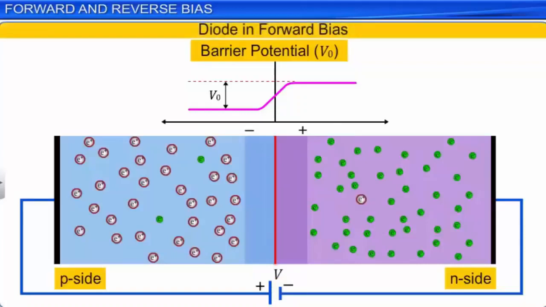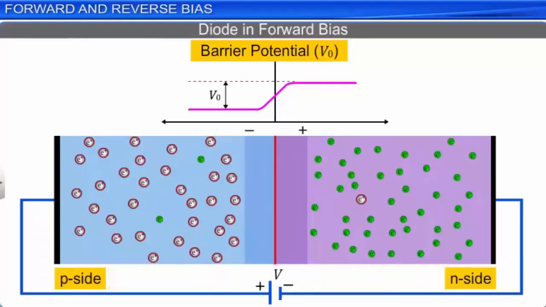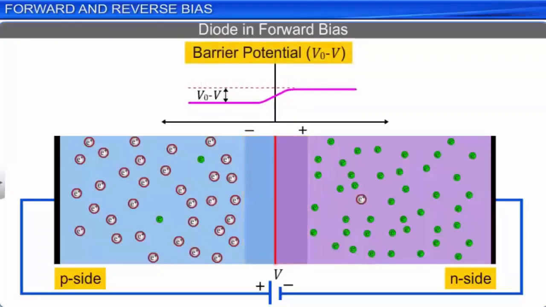When a p-n junction diode is in forward bias, the potential of the p side is raised and now the p side is at a higher potential and the n side is at a lower potential. Due to the forward bias connection, the barrier potential across the p-n junction decreases and becomes equal to the difference between the barrier potential V0 at equilibrium and the external applied voltage V.